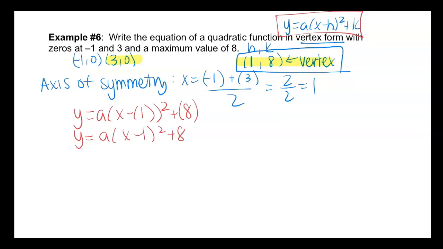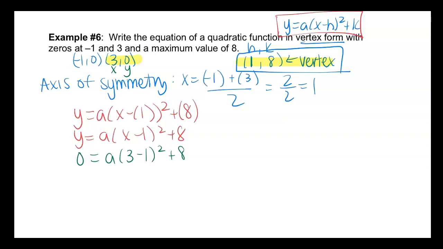And now I need to find the actual a value for this equation. I'm going to use the coordinate that I have here, which is x and y in green, and I'm going to substitute it in. 0 is going to equal a, 3 minus 1 squared plus 8. If you use -1 instead of +3, 0, you're going to get the same coordinate.